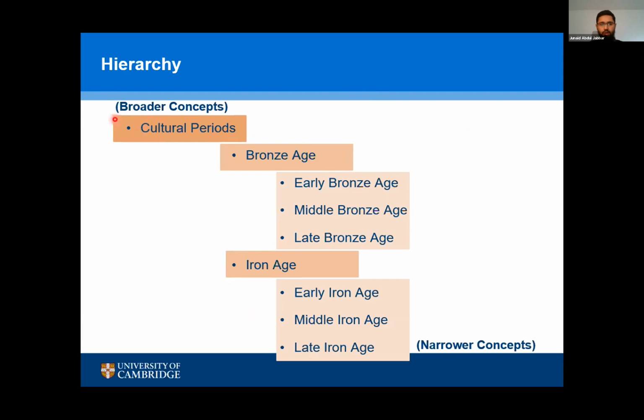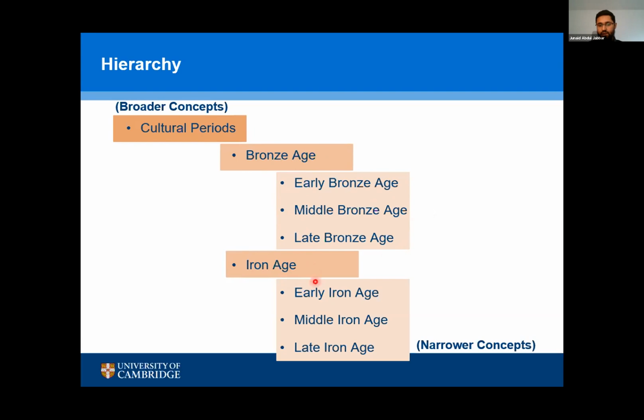So we can say we have the broader concept of cultural periods, and within the cultural periods, we have first level hierarchy of Bronze Age, or at the same level, we have Iron Age. Within the Bronze Age, we have a second level hierarchy, that is basically a narrower concept and the refinement of this broader term to include the concepts of early Bronze Age, middle Bronze Age, or late Bronze Age.